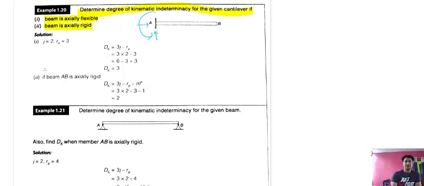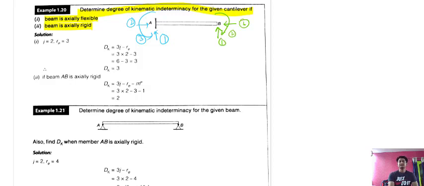So the number of external reactions is 3. At this joint these are restrained displacements, and here it will be unrestrained displacement, that is, it can move vertically upward, it can move horizontally, it can rotate also. So these are unrestrained displacements 1, 2 and 3.